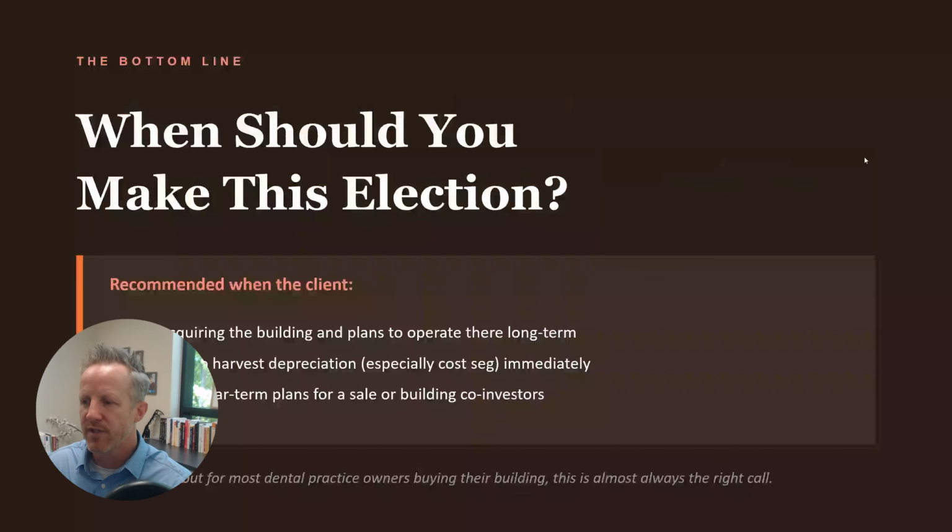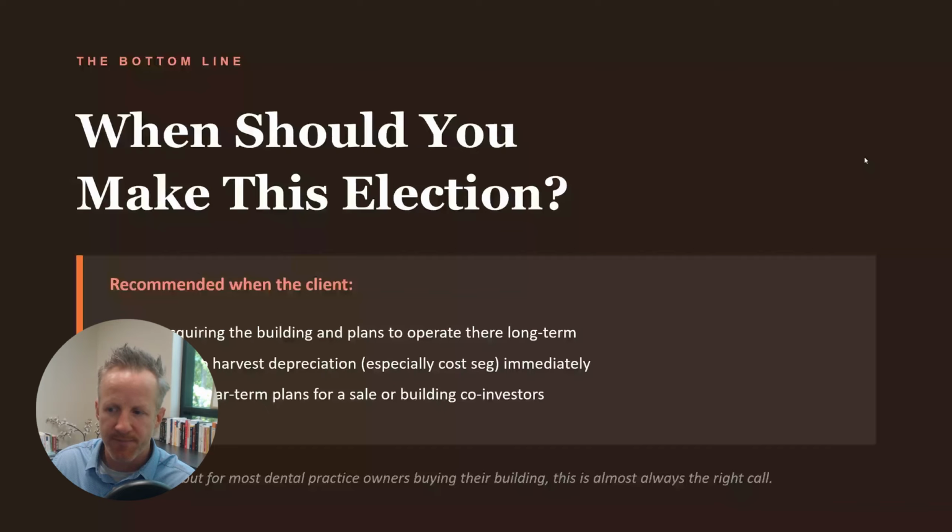Okay, so summary: when should you make the election to group your S corporation dental practice with your newly purchased building LLC? Recommended when the client is acquiring the building and plans to operate there long term. That's number one, acquires the building and plans to operate there long term. Number two, wants to harvest depreciation, especially through cost segregation, immediately.